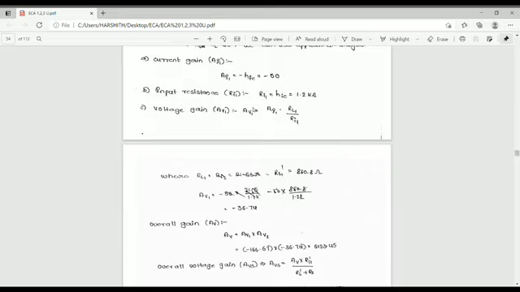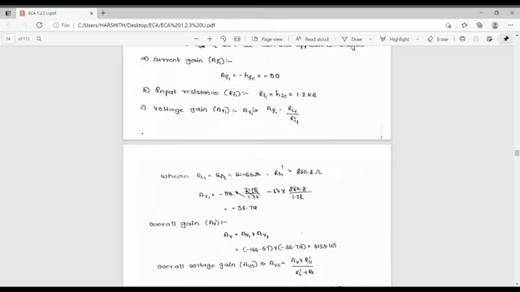And overall gain AV equals the product of the first stage voltage gain and second stage voltage gain, AV1 into AV2, that is equal to 6123.45.